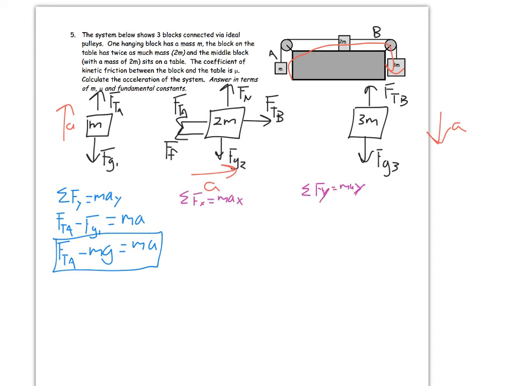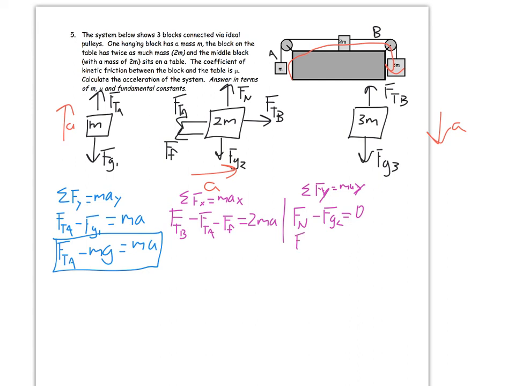For the 2m, I need to set up both max and may. So in the x direction, I have FTB minus FTA minus Ff, and that's equal to 2ma. Again, making the direction of the acceleration be the positive one. And in the y, it's going to be Fn minus Fg2 equals 0, because that block's only accelerating to the right, not accelerating vertically.